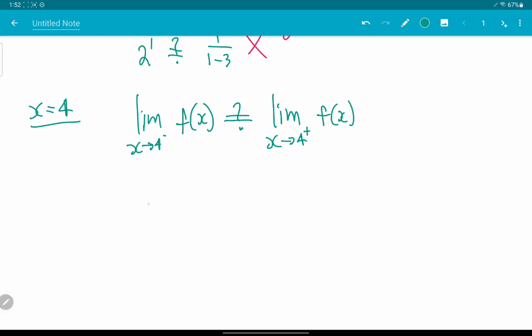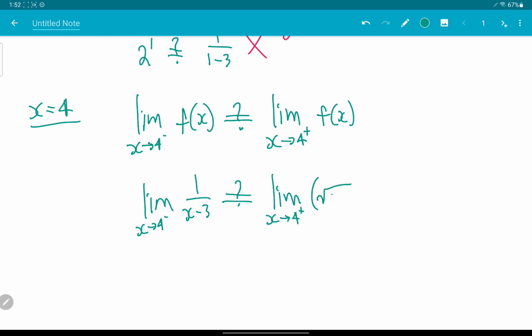When I'm coming from the left, I use 1 over x minus 3. And when x goes to 4 plus, I use the last definition, which is root x minus 1.